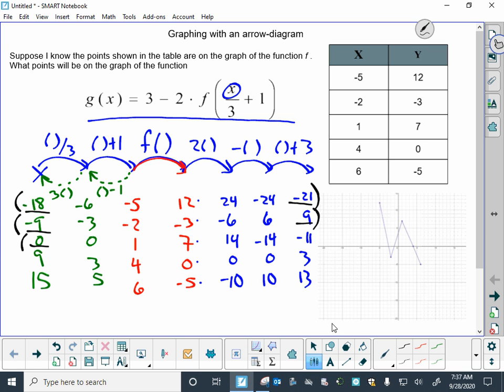I'll have 0, -11, 9, 3, and 15, 13, and I will just plot those points on the new graph rather than try to spot those necessarily in here. I do have a new graph of that I will pull up.